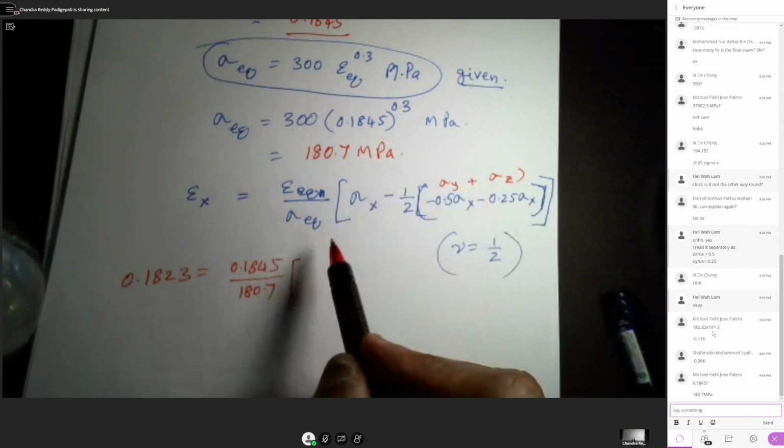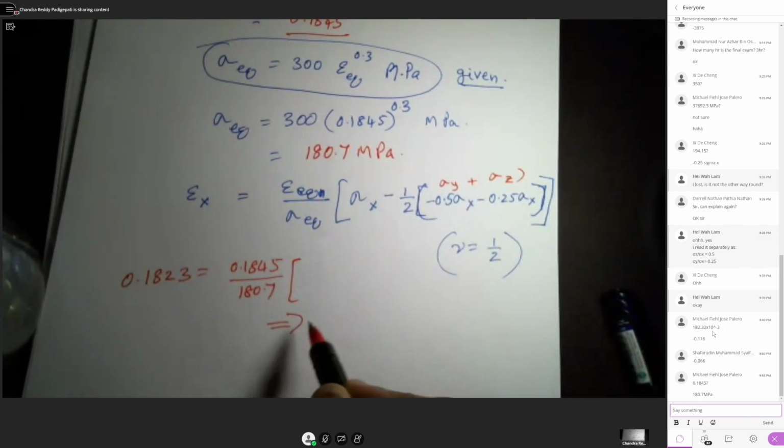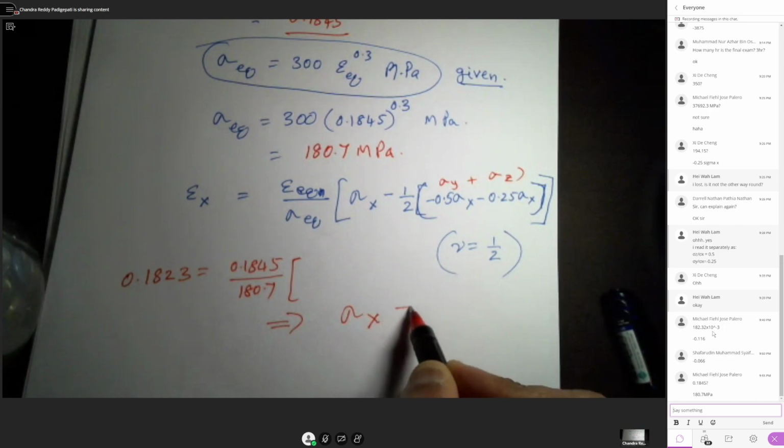Just calculate the whole thing. Finally, you are supposed to calculate sigma x.